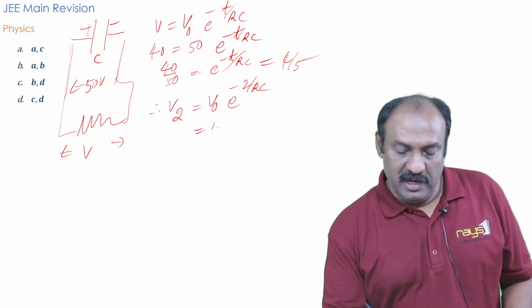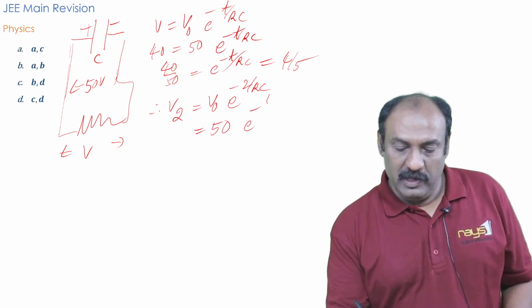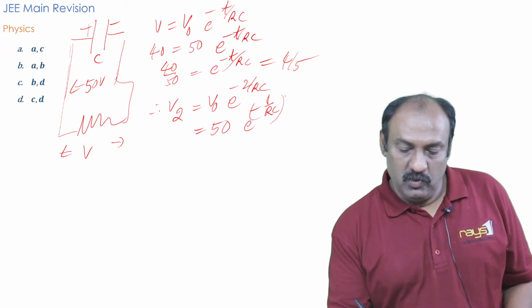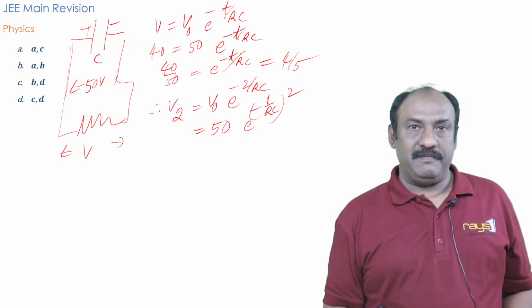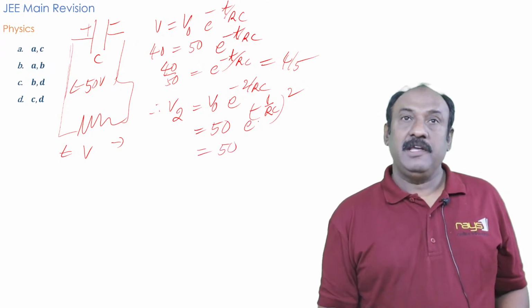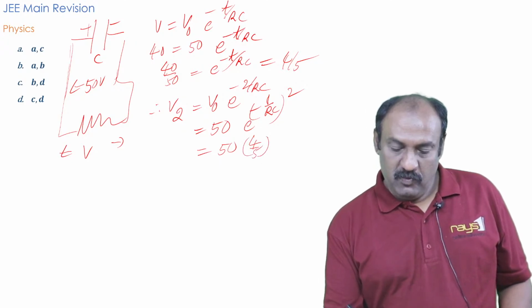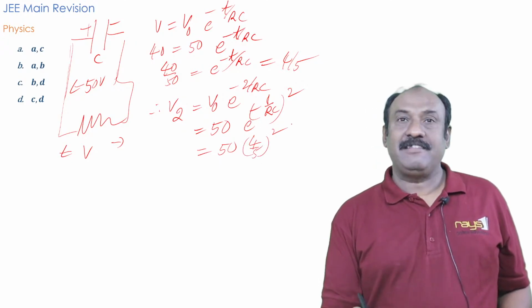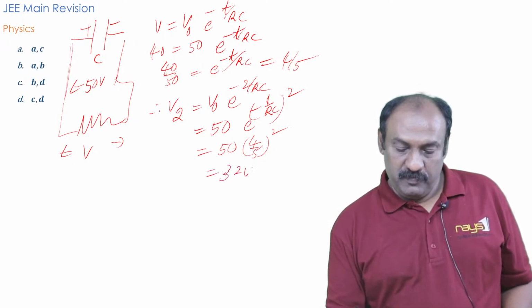That is V naught is 50 into e to the power minus 1 by RC whole square. In the first case t is given as 1, second case t is 2. So, 50 into e to the power minus 1 by RC is 4 by 5, 4 by 5 whole square. That is 16 by 25 into 50, we get 32 volts.